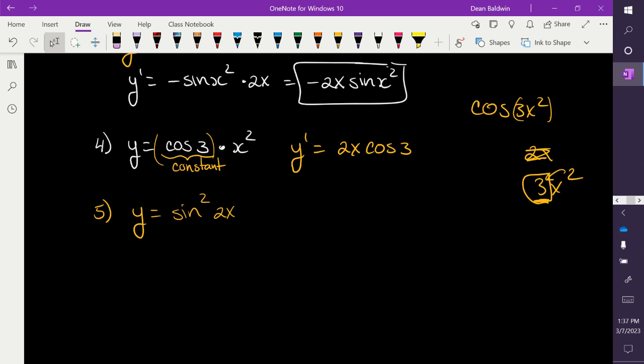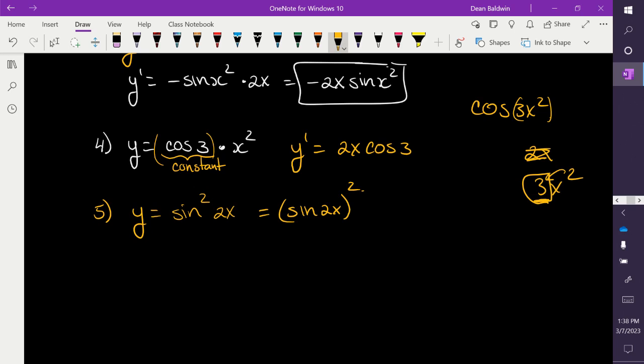All right, sine squared 2x. What's the outside function? The squared is the outside function. Does everybody see that there's actually three functions here?